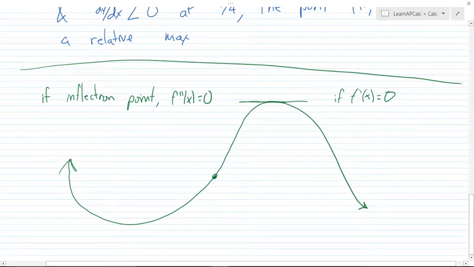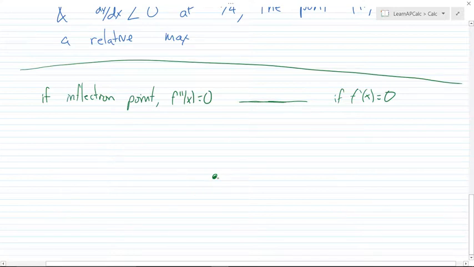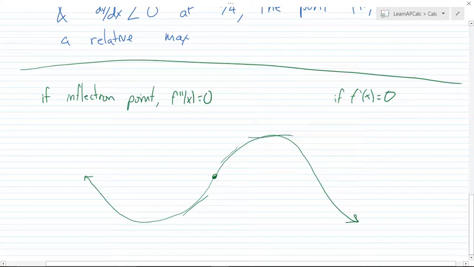I'm sorry, it should be, whoops. If my tangent lines are going like this, it's pretty clear that at my inflection point, my slope is not going to be 0.